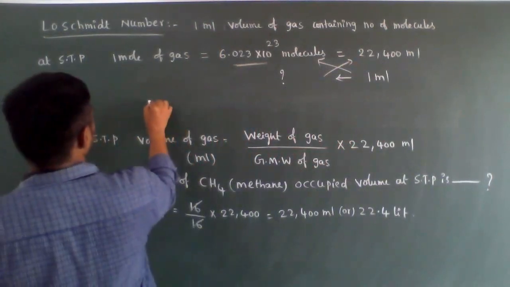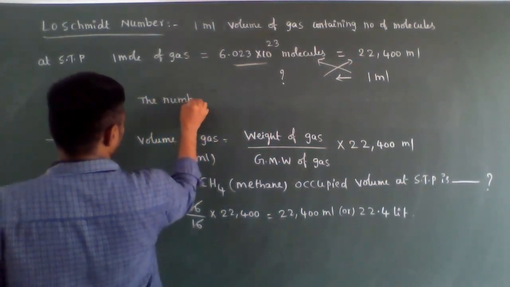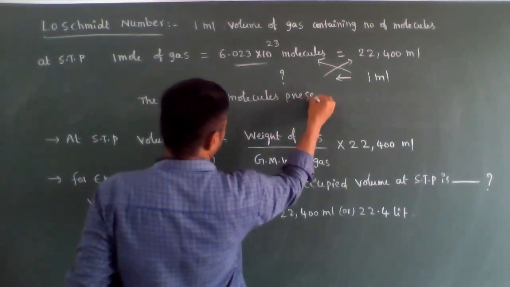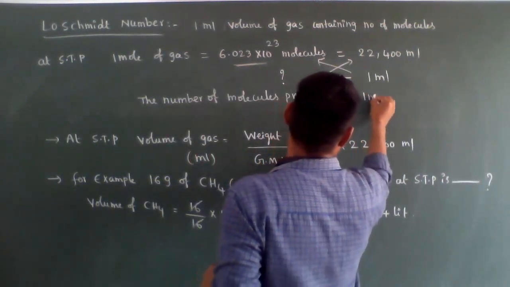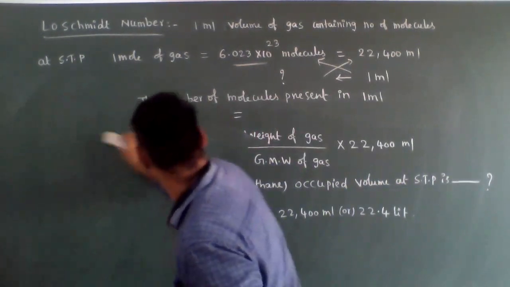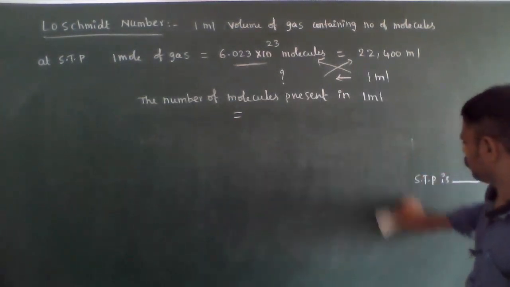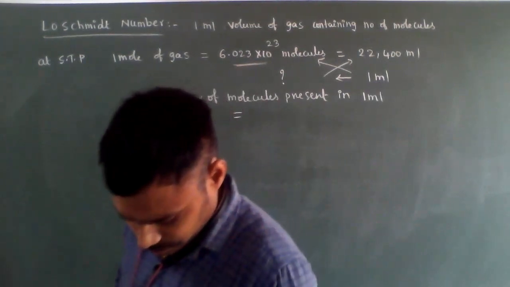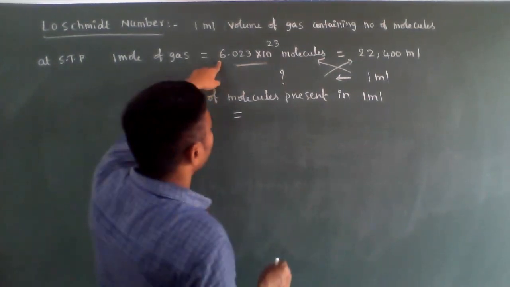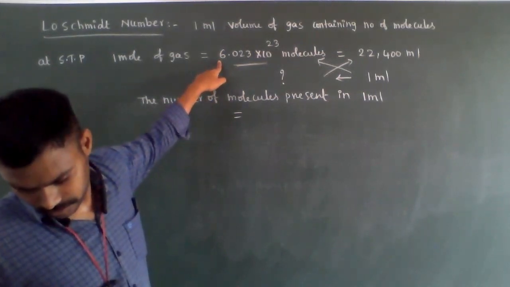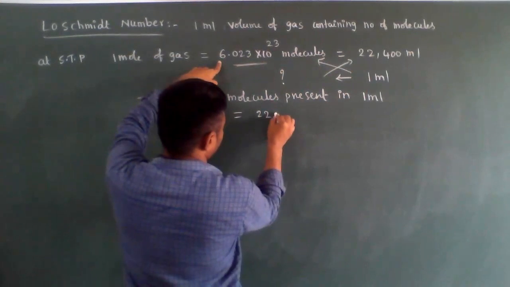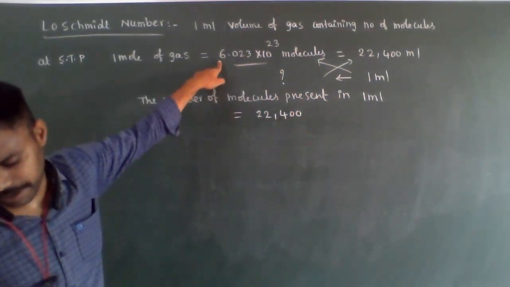The number of molecules present in 1 ml is equal to x, and 22,400 ml contains 6.023 into 10 to the power of 23 molecules.